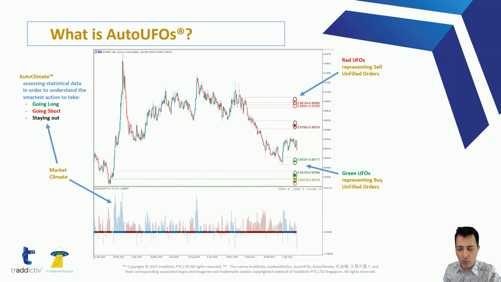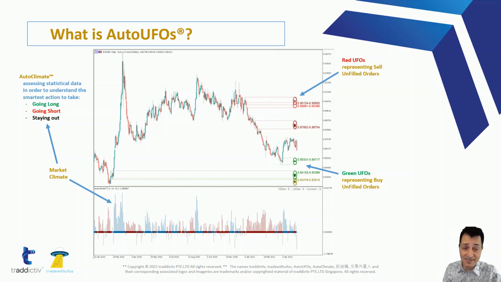But AutoUFOs works very well when combined with AutoClimate, because let's say you have an up climate. What happens to those on-field orders? In an up climate, buy on-field orders tend to be added, while sell on-field orders tend to be cancelled. In other words, the red UFOs may not work so well if the climate is up, and the green UFOs may work quite well, and vice versa.